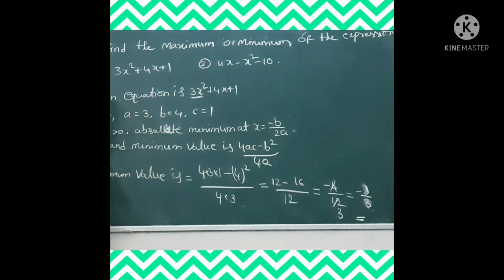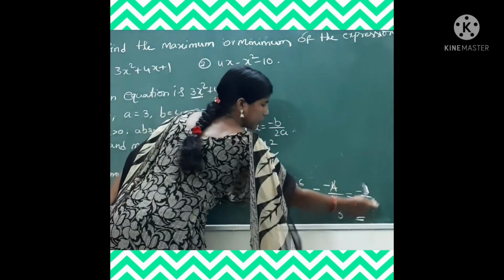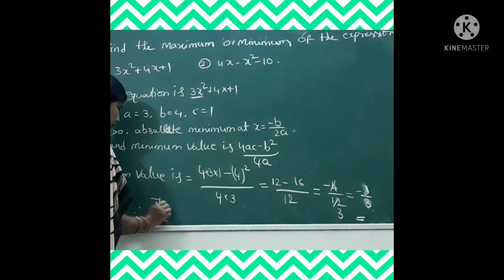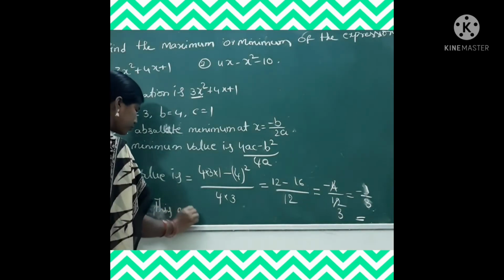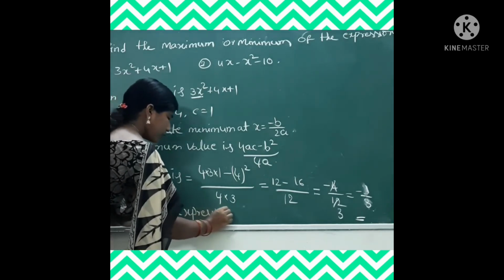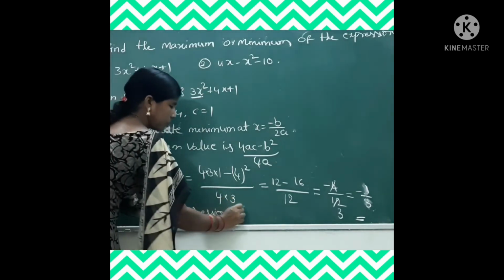Understand this one? And next one is 4x minus x square minus 2. Okay, this one also we solve now. See here, therefore here the value is negative, so this expression has no maximum value.